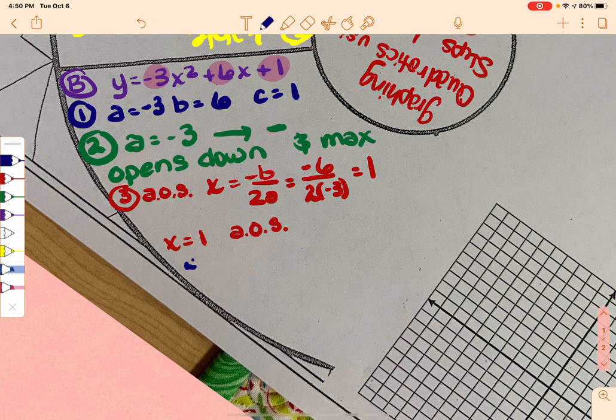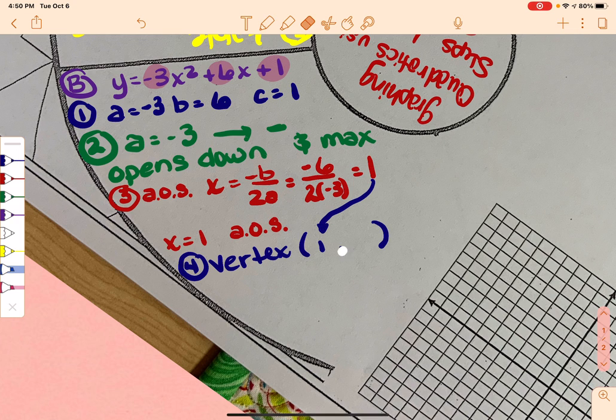Okay, so for step 4, we need to find our vertex. We know this number is our x value. So now, to be able to find my y, I have to take the equation they gave me, and I'm going to put my 1 in these spots.